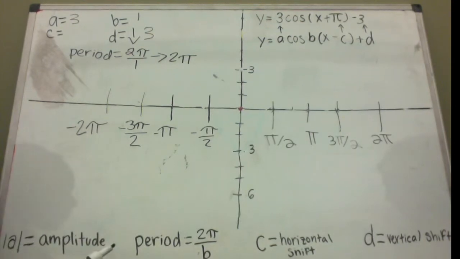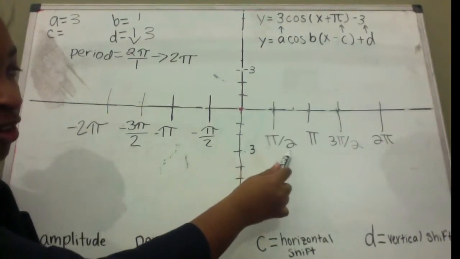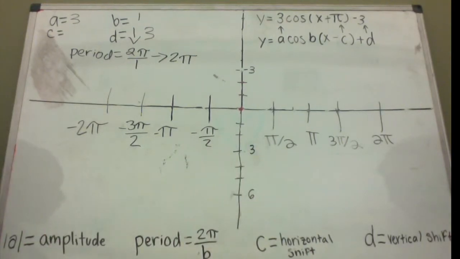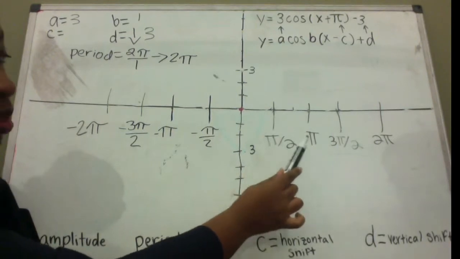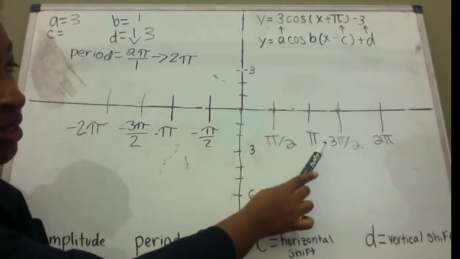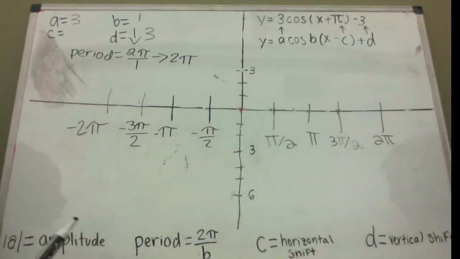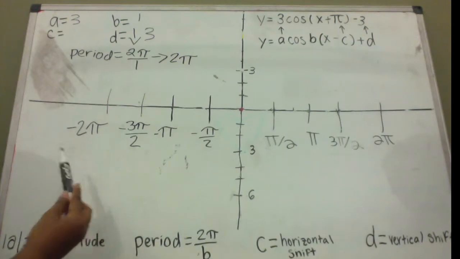And then you divide the half by 2, where you get the fourth, which is pi over 2. In order to get the 3/4 mark, you add the fourth and the half together. You add pi over 2 and pi to get 3 pi over 2. And then once it's written all on the positive side, you just rewrite it on the negative side.